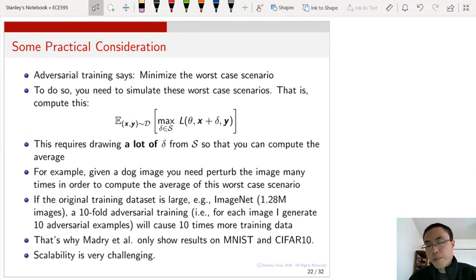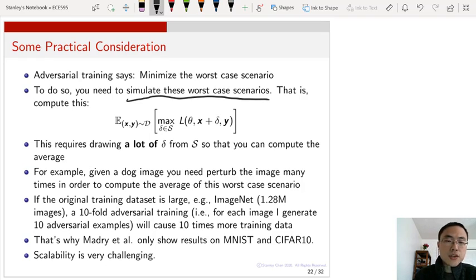As I described before, there are lots of practical considerations for adversarial training. In order to solve this problem, you need to simulate all these worst case scenarios. That is, you need to compute this loss function. And this requires a lot of deltas that you can draw from your set S before you can attack.